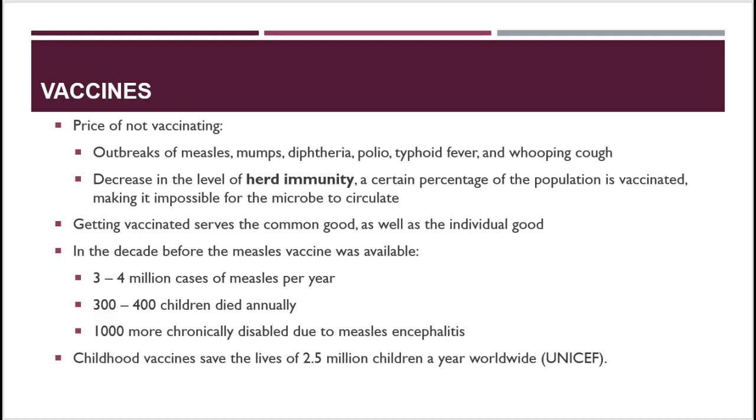When you choose not to vaccinate, there's a decrease in the level of herd immunity, and part of the goal in vaccinating is to obtain a certain percentage of the population as protected, as vaccinated. This makes it more difficult for the microbe to circulate in the population and be transmitted. It also protects those who cannot be vaccinated, either because of age or health.